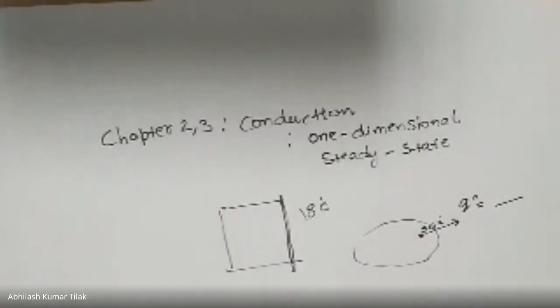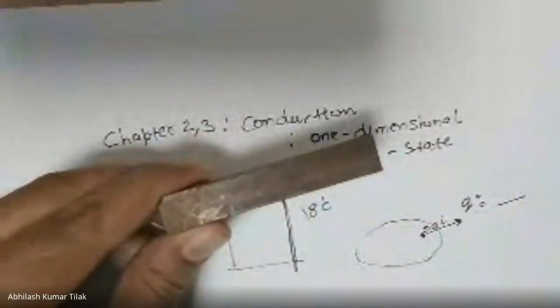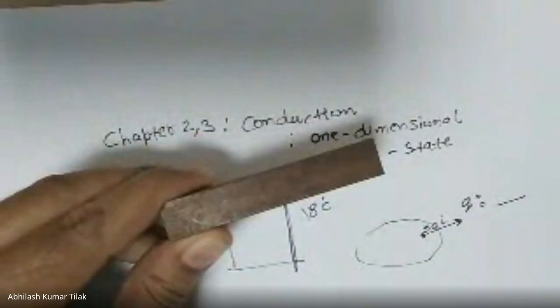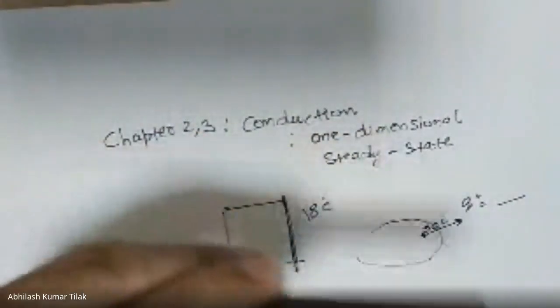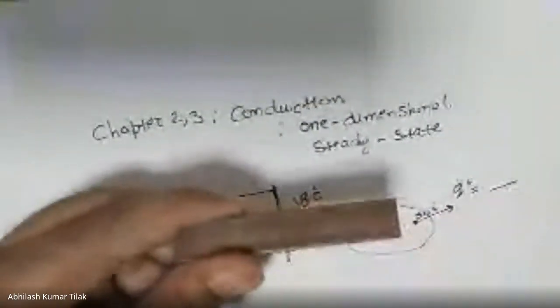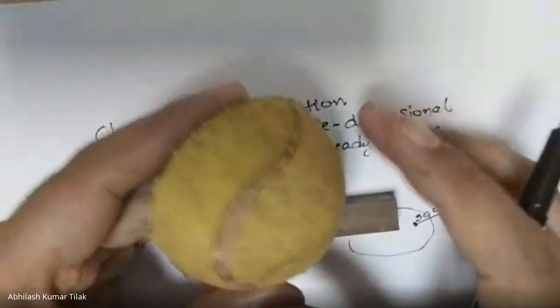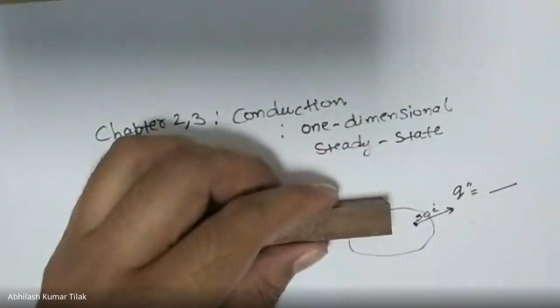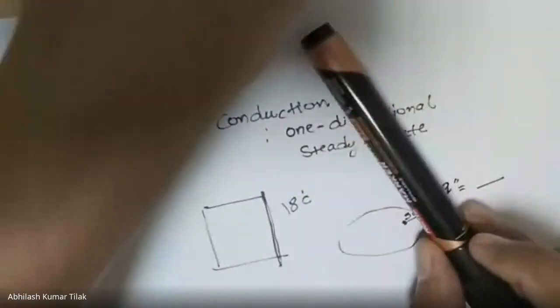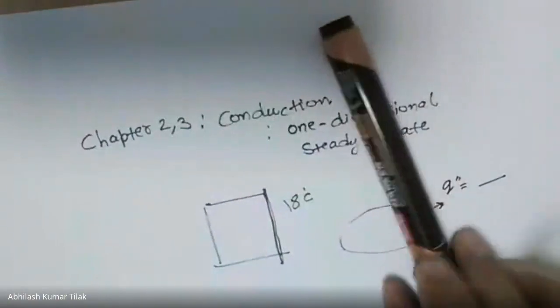If you have a very simple plane wall, you can use rectangular coordinates. If you have a spherical body, you need to use spherical coordinates. Or if you have a cylindrical body, you have to use cylindrical coordinates.